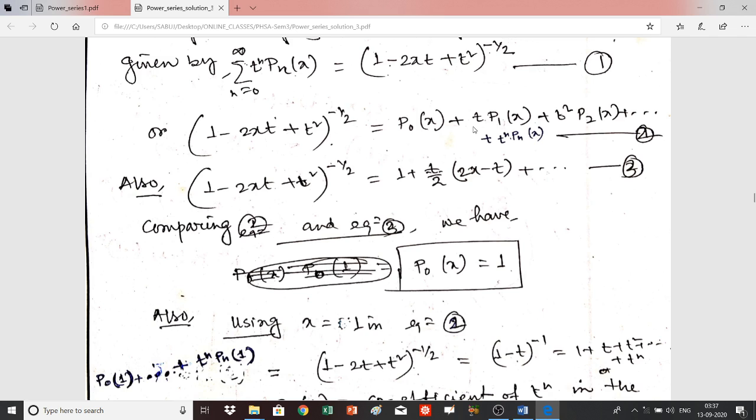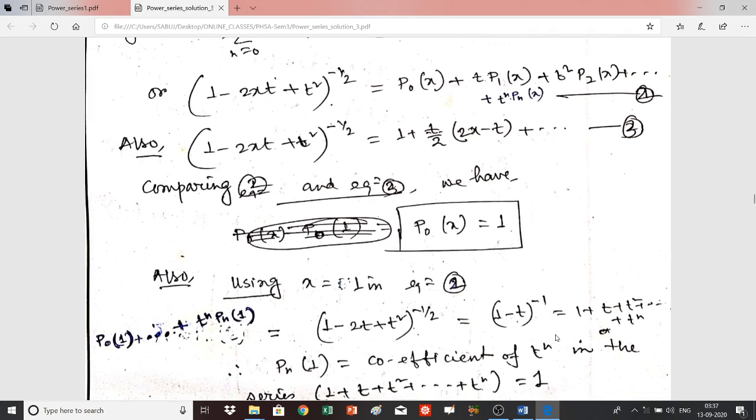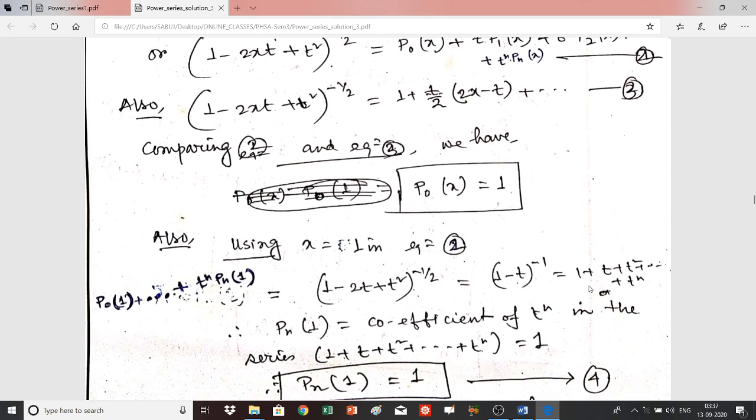Then on the right-hand side I first write P0(1) plus other terms plus Pn(1). From the left-hand side we will have (1 minus 2t plus t square) to the minus half, that is equal to (1 minus t) whole square to the power minus half, so it will be (1 minus t) to the minus 1, and if we expand it, we get 1 plus t plus t square etc., plus t to the power n at the last term.